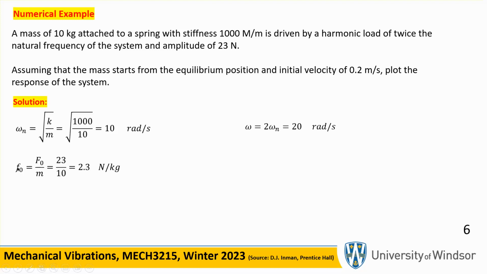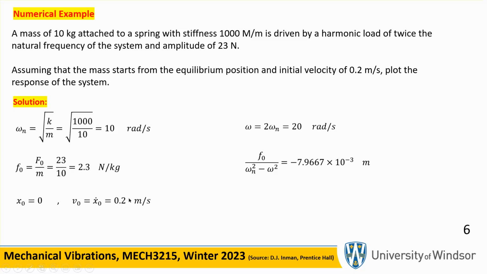That's going to give you little f naught, 2.3 Newtons per kilogram. Now, this is the coefficient that we need, f0 over omega n squared minus omega squared. So you plug these things in, you work it out, you get this number. We are told that the initial condition starts from the equilibrium position, that means x naught equals 0, and given an initial velocity of 0.2 meters per second.